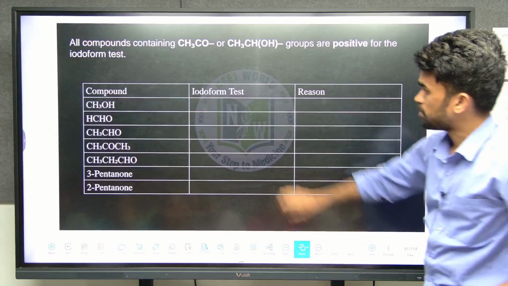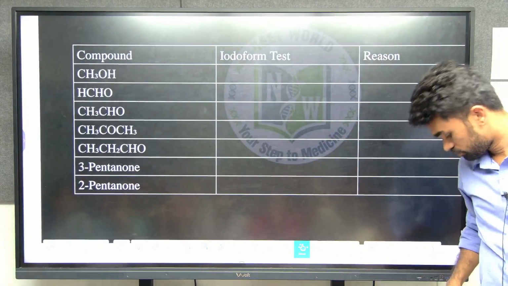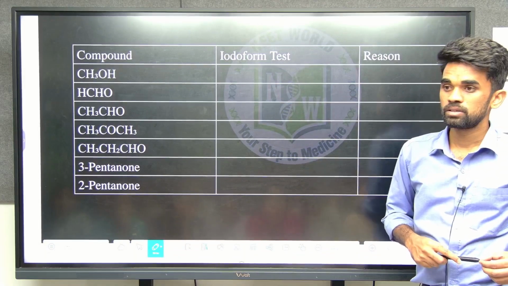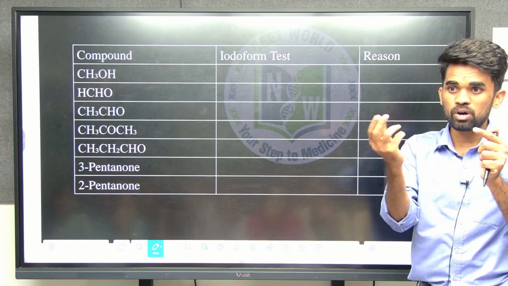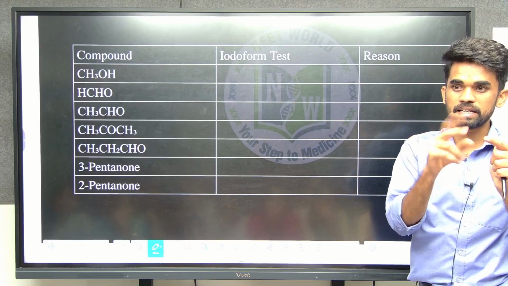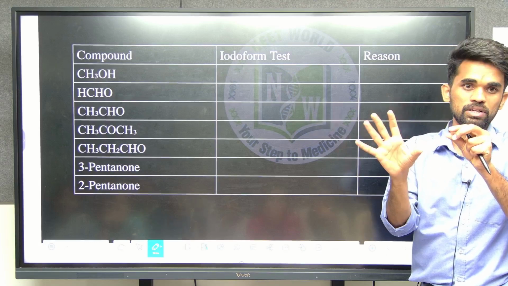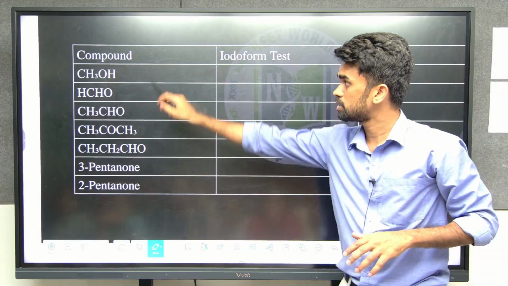Now let us get the answers for these questions. Tell me, which of them will show the iodoform test? First one, will it show? If an alcohol is mentioned, convert it into aldehydes or ketones first. Then if they contain any methyl group, that will show. First one will show or not?